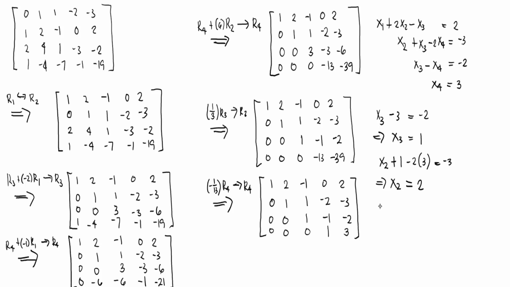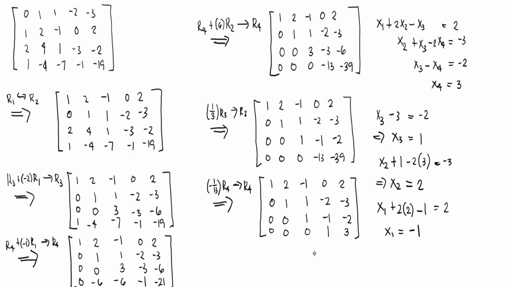And then lastly, for x sub 1, we substitute the values of x sub 2, x sub 3, and x sub 4 to the first equation. So 2 times 2 minus 1, which is equal to 2. So x sub 1 is equal to, this is 4 minus 1, so that's 3. Transpose that one, so that's -1.